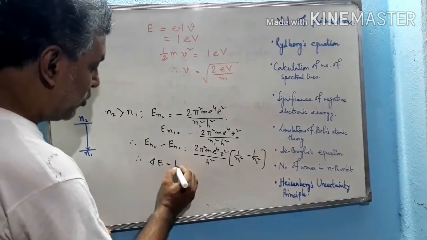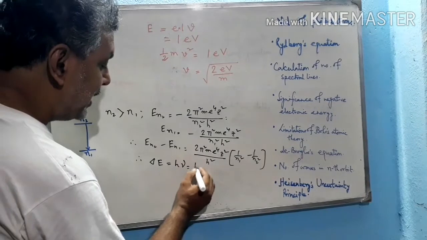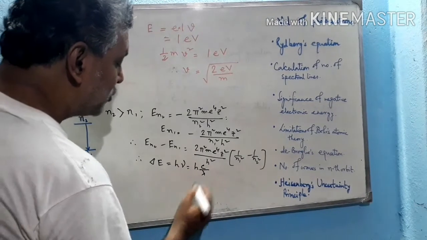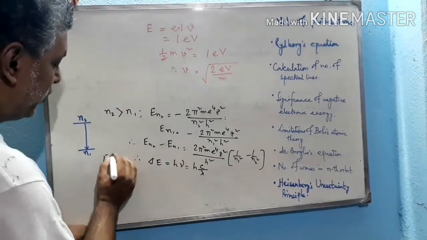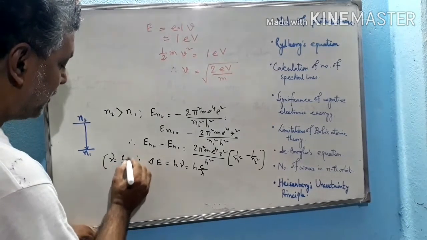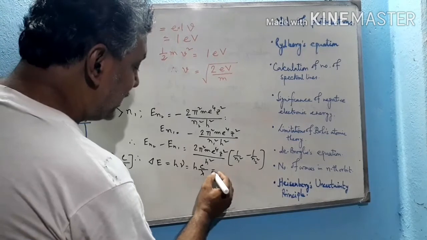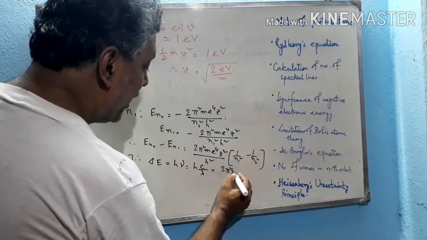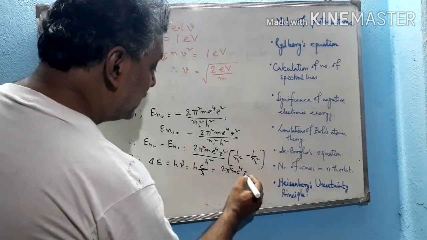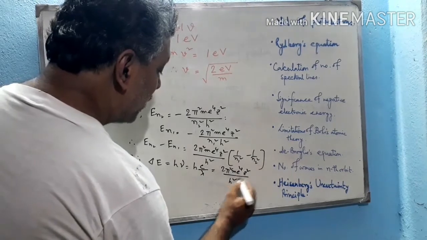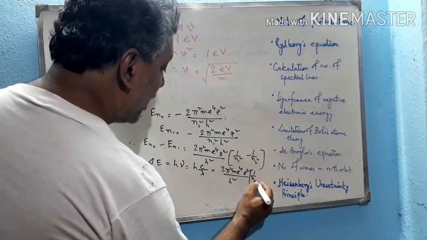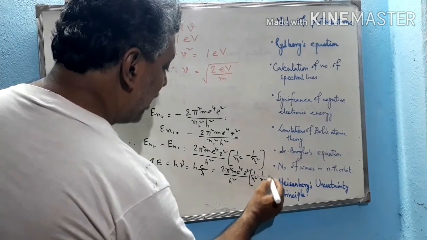That means this equals h nu, that means h c by lambda, because we know that nu equals c by lambda, that means c equals nu lambda. That's why h c by lambda is equal to 2 pi square m e4 z square by h square into 1 by N1 square minus 1 by N2 square.